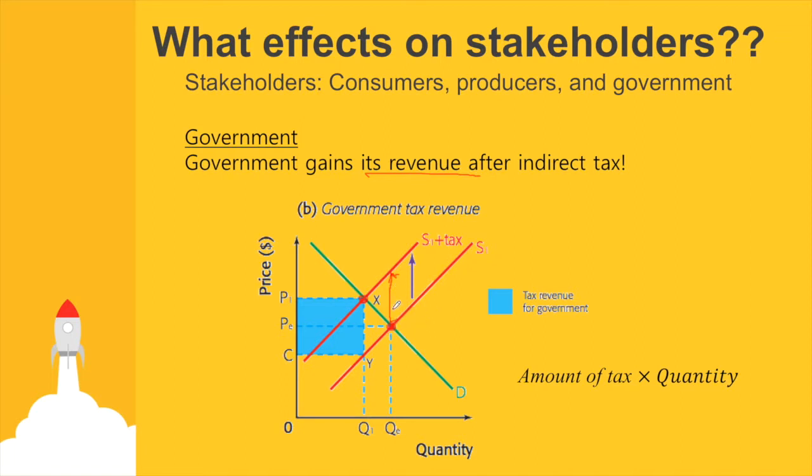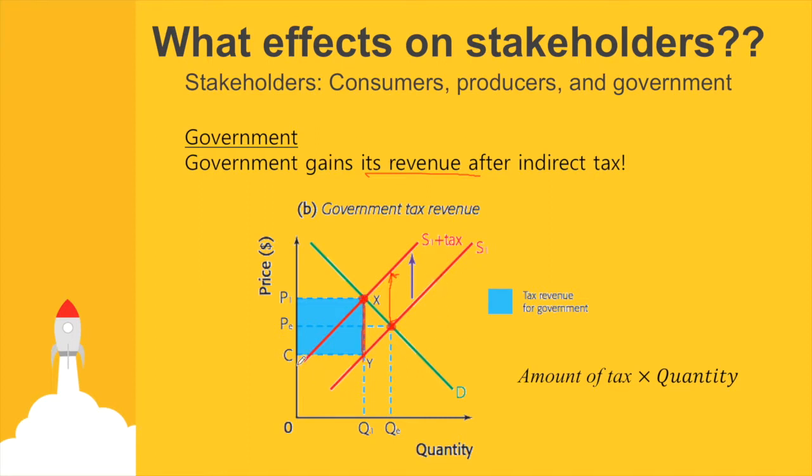So looking at the new equilibrium, the gap between the new equilibrium and the quantity level Q1 here, this XY shows the amount of tax, right?